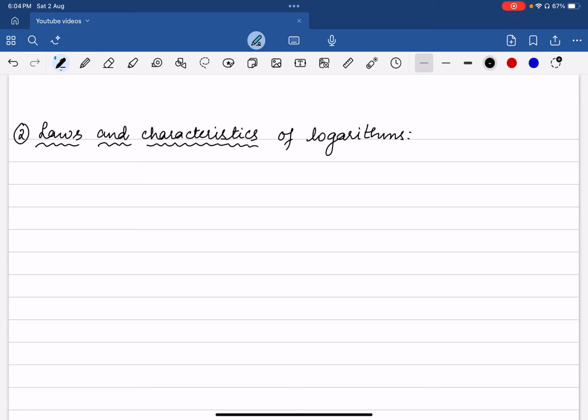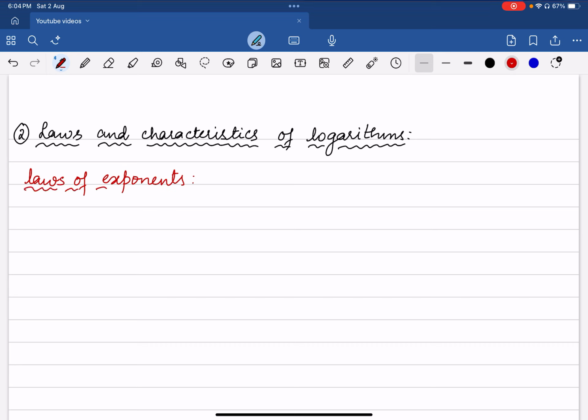Now all these laws have obviously come from somewhere, somewhere that is related to indices.